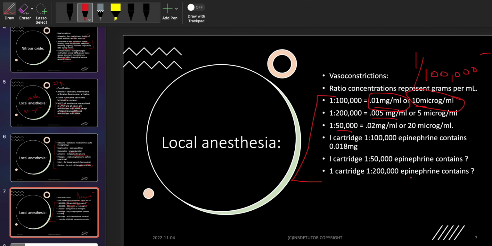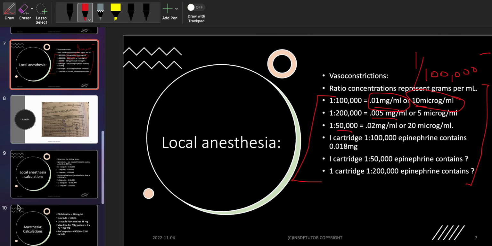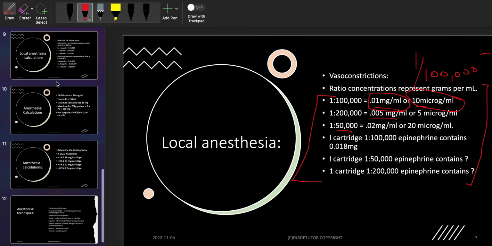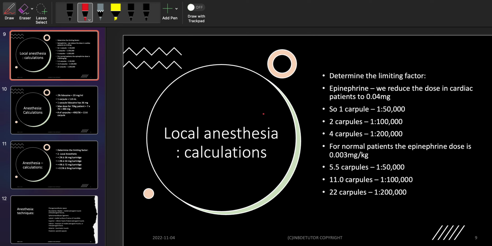So I normally remember these calculations as they are. I do not need to calculate them because it gets easier and saves time when you are actually doing the calculation during the exam time.